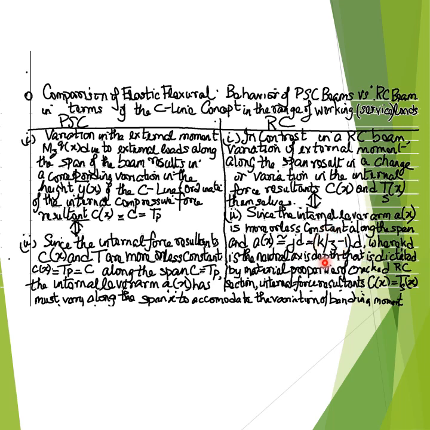where JD is more or less a constant and is equal to the internal lever arm between the internal compressive force resultant in the concrete and the internal tensile force in the reinforcing steel in case of the reinforced concrete.